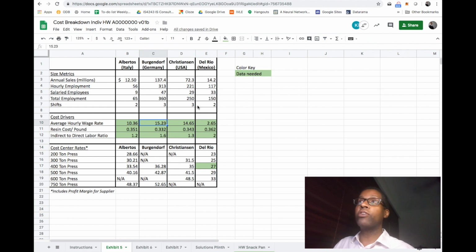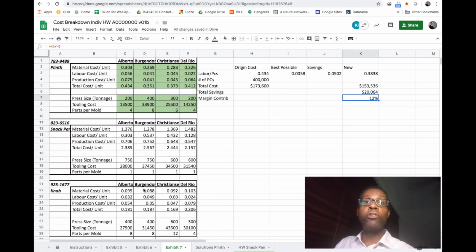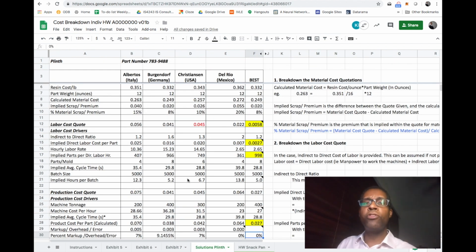We went to Exhibit 6 and understood a bit about the total impact there might be, and the current situation, which was the European and American pricing. We went to Exhibit 7 and evaluated the quotes. Then we went to our solution around the plinth and figured out, hey, if the supplier could make some operational improvements, then you'd actually be able to ask the supplier for even more benefits.